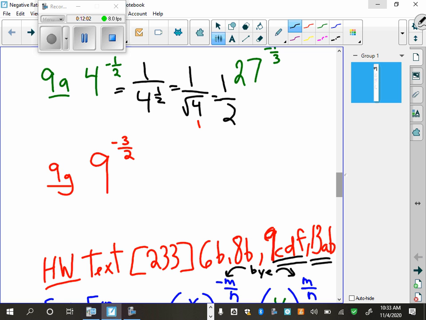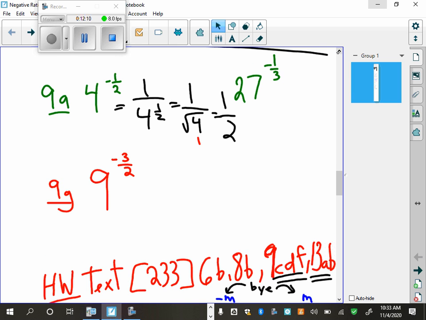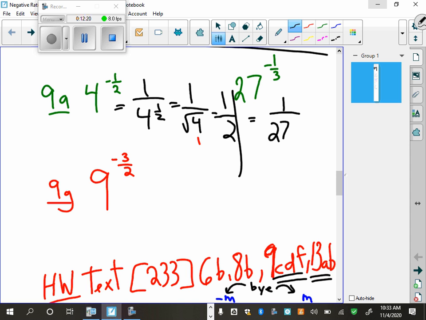You put it, that's fine. 27 to the negative 1/3 equals 1 over 27 to the positive 1/3, which is 1 over cubic root of 27, which is 1 over what? 9 or 3? 3, good job.